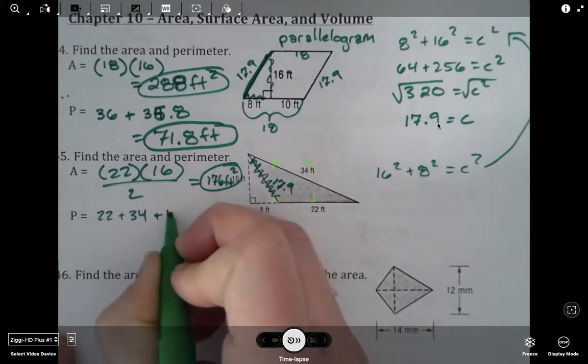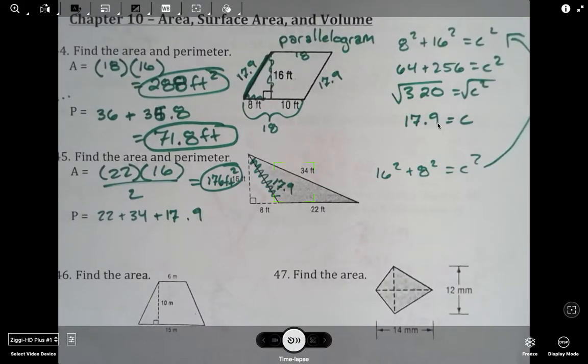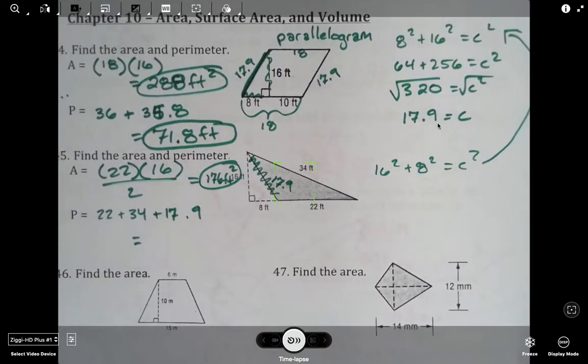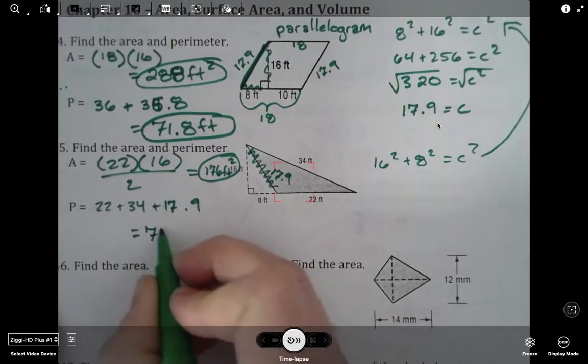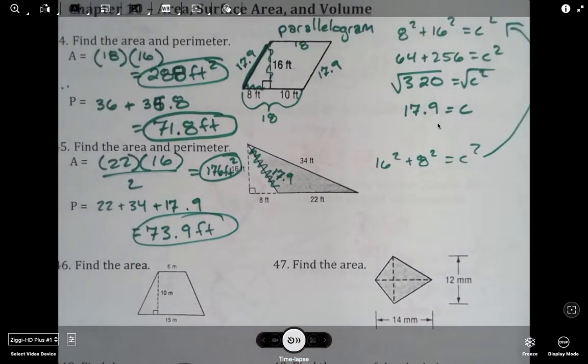So think smarter, not harder. Add all 3 of them together. 34 plus 17.9 is 73.9. 73.9 feet. Good? So you might have to do the Pythagorean theorem or something of that nature to get these.